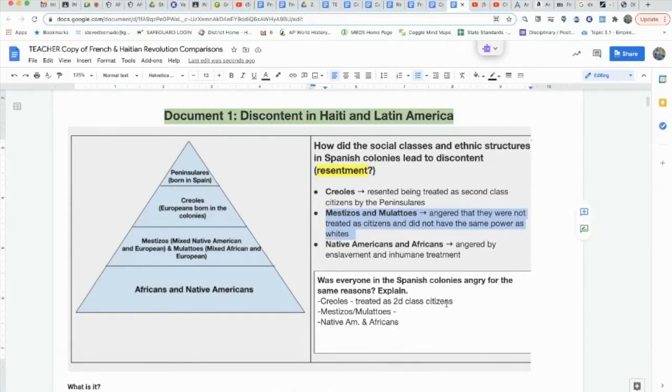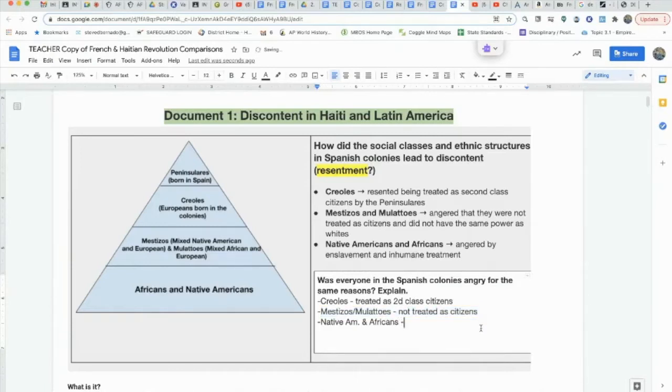There's a lot of anger going on here in these Spanish colonies. Mestizos and mulattoes, well, they were angered that they were not treated as citizens at all and did not have the same power as whites. Not treated as citizens. Creoles treated as second-class citizens. They were angry about that. They suffered. Mestizos and mulattoes, they weren't even treated as citizens.